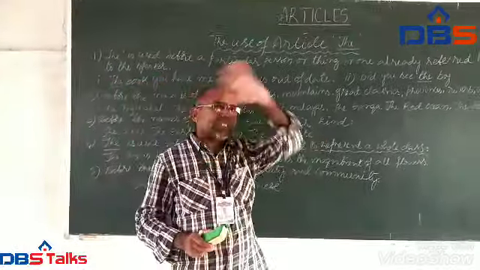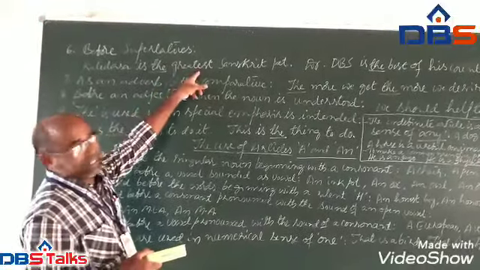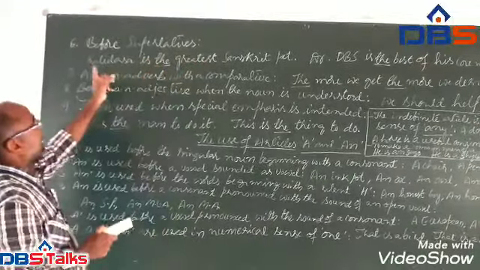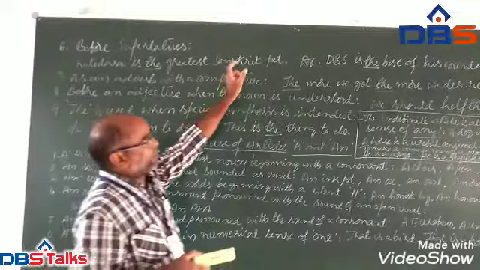I think you are quite familiar with this from our 10th class also. Kalidasa is the greatest Sanskrit poet. The definite article the is used before the superlative degree greatest.